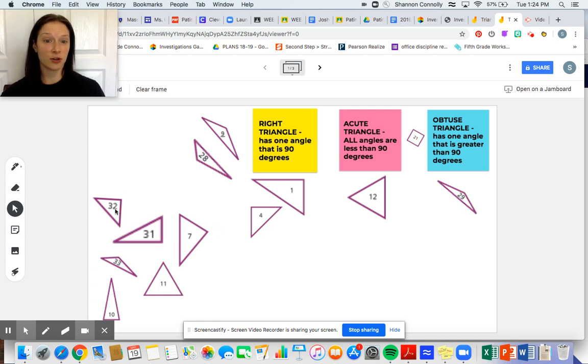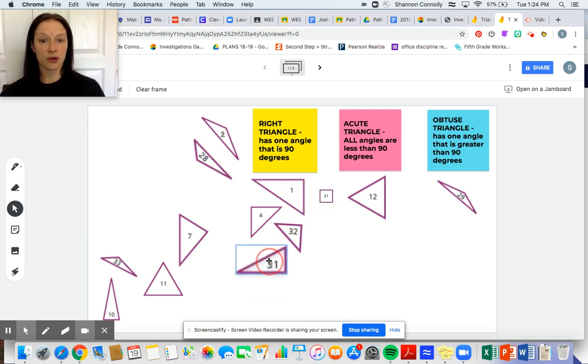I see triangle 32. Reminds me of triangle 1 as well. And if you're not 100% sure, all you do is grab the corner of your piece of paper and put it in there and say, yep, 90 degrees, okay? Then triangle 31 is also a right triangle.